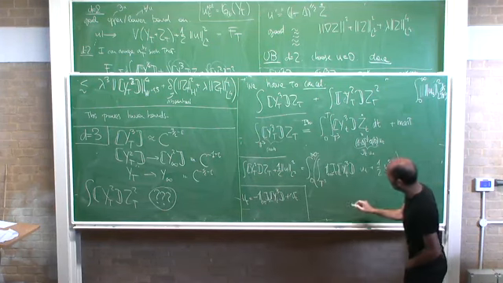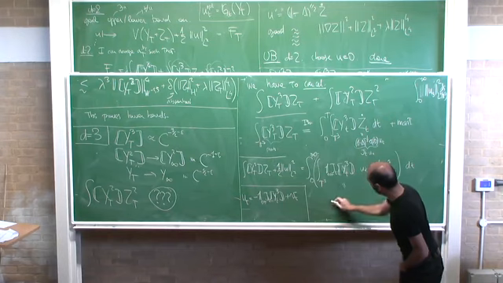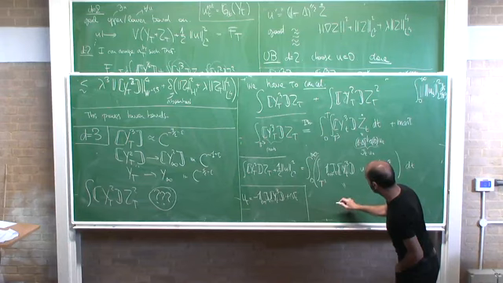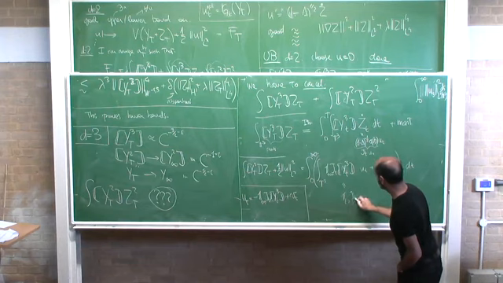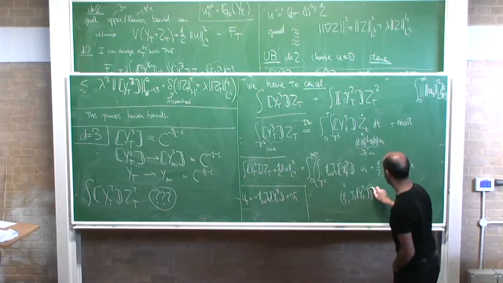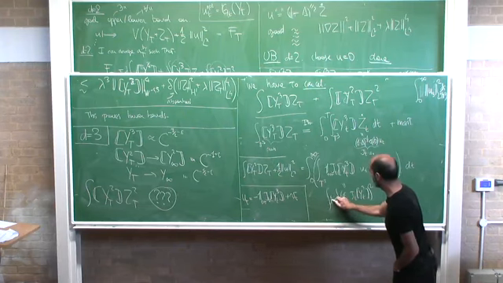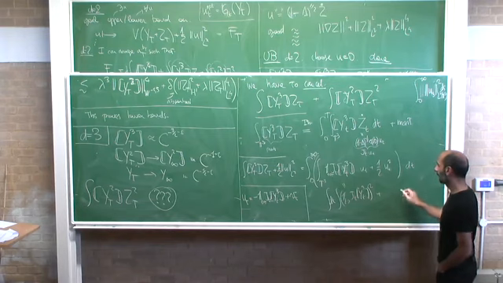But at the end of the day, the moral is that this object will become something which looks like J_t by Q_t squared, integrated in time, plus something which is b squared.